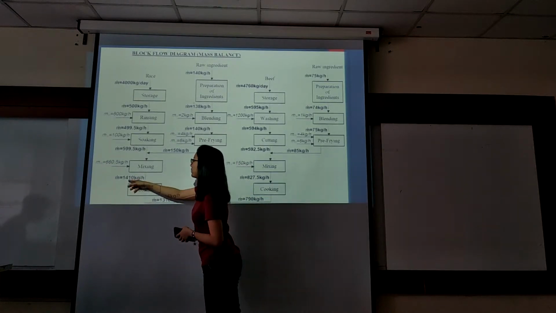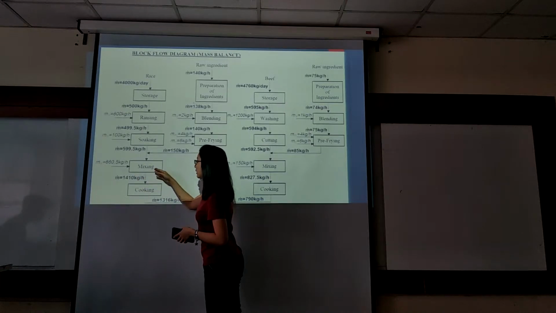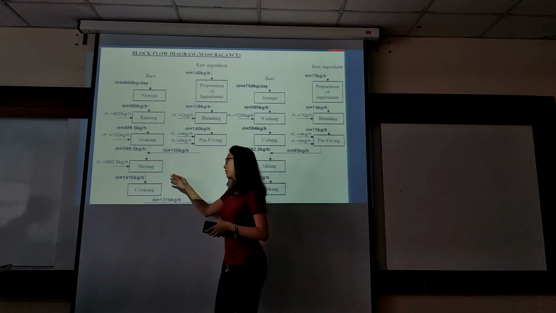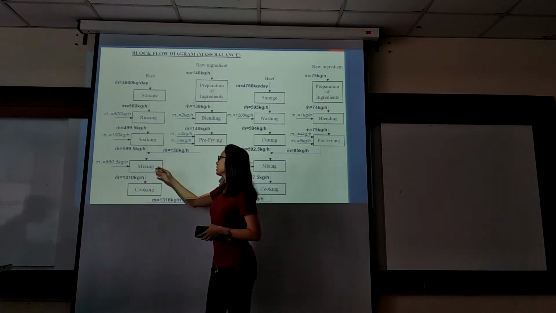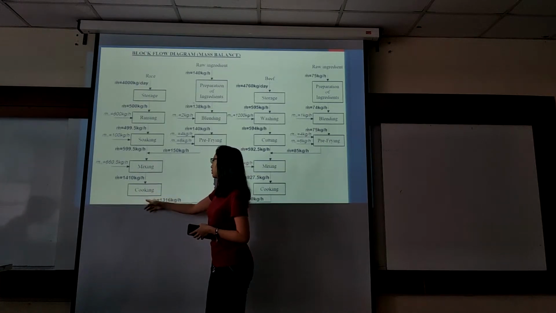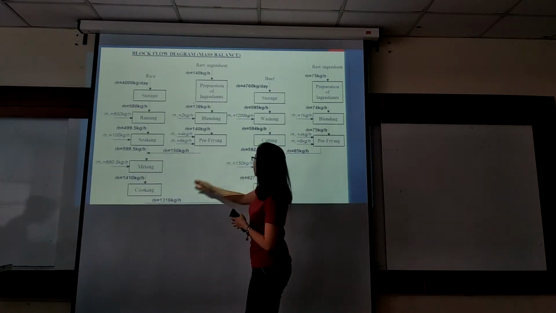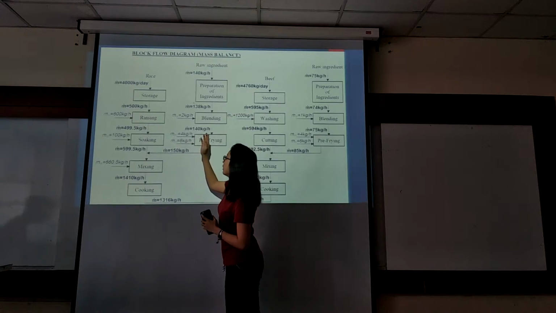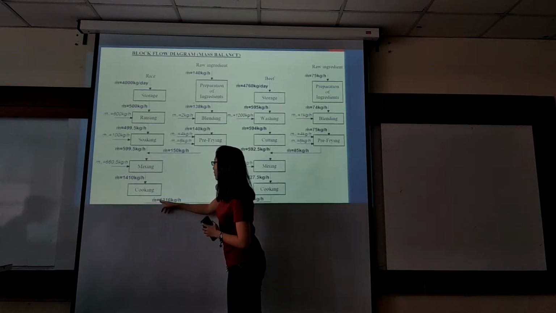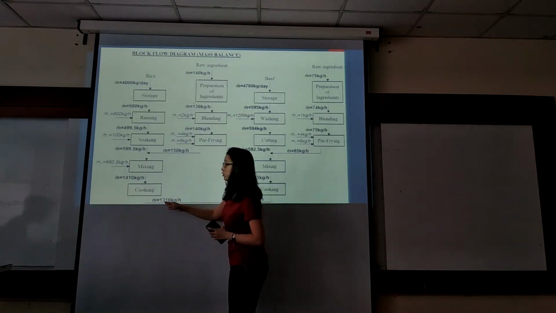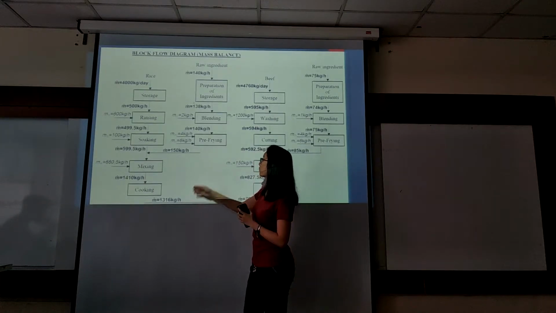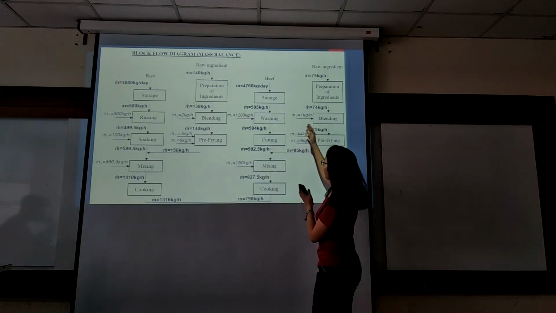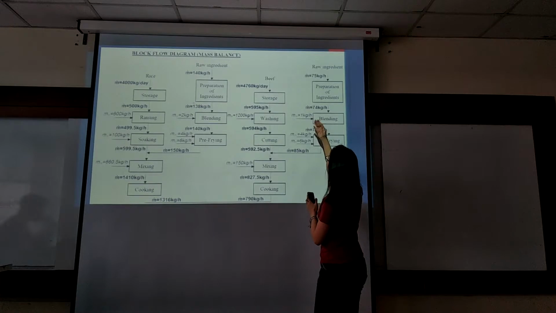Then, after mixing, it will undergo the cooking process, so the inlet will be 1,410 kg per hour of rice with the ingredients. So after the cooking process of the rice, the output will be 1,316 kg per hour for rice. And then the beef is actually the same thing.